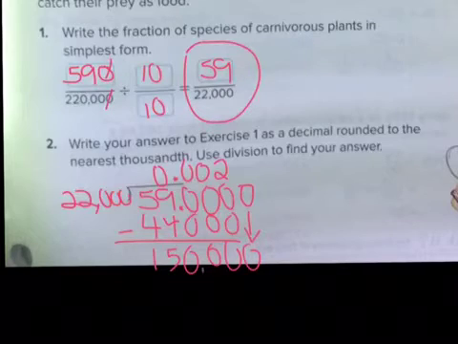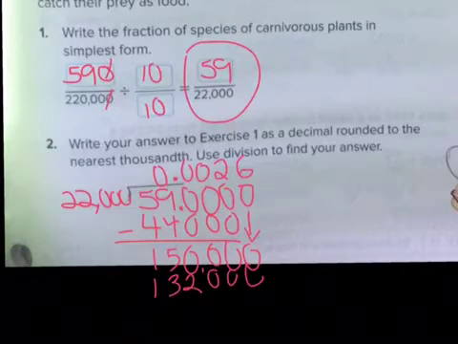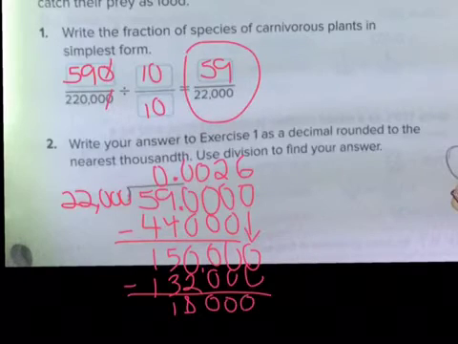And now I have 150,000. I should multiply this by a number until I get as close as I can to 150,000. I know that if I multiply 22,000 times 6, okay, I'm going to get 132,000, right? And when I subtract, I will have 18,000 left over.